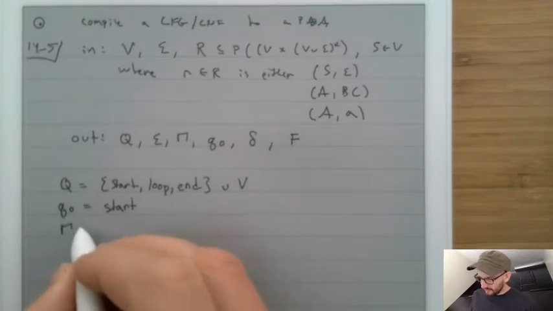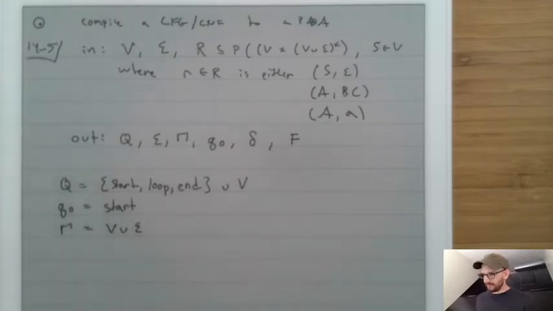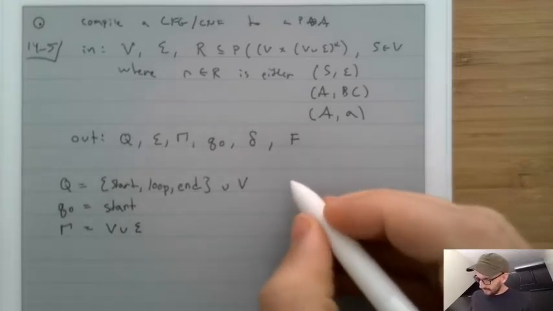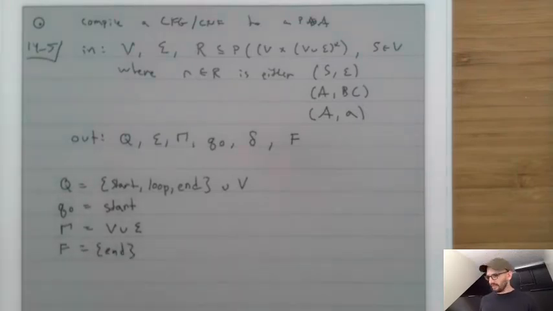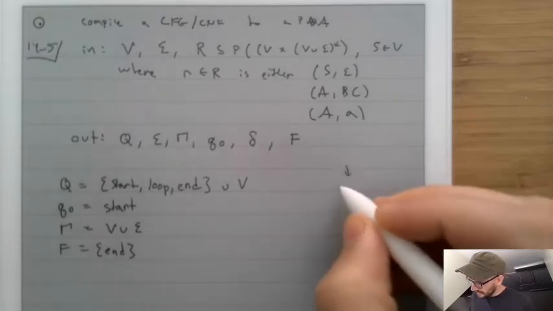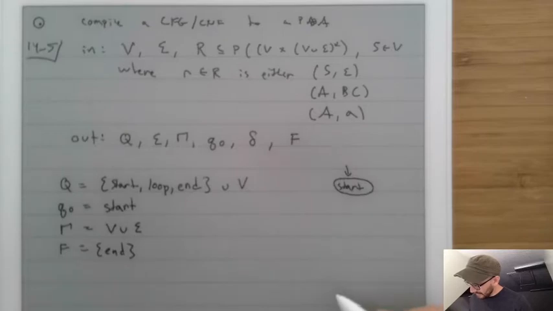Gamma is going to be V union sigma. Okay? F is going to just be end. So if we were to look at a picture of this, that means that our start state is start, and then we have an accepting state called end.